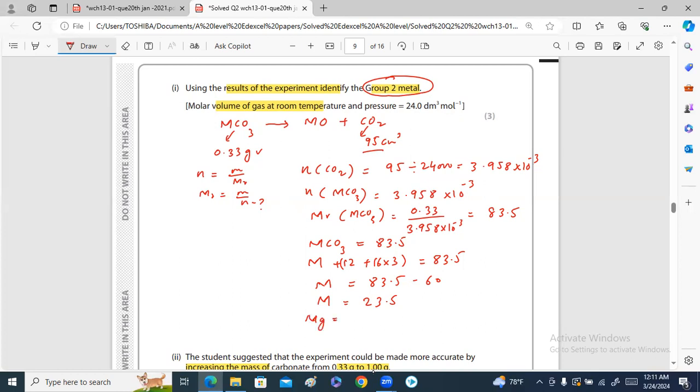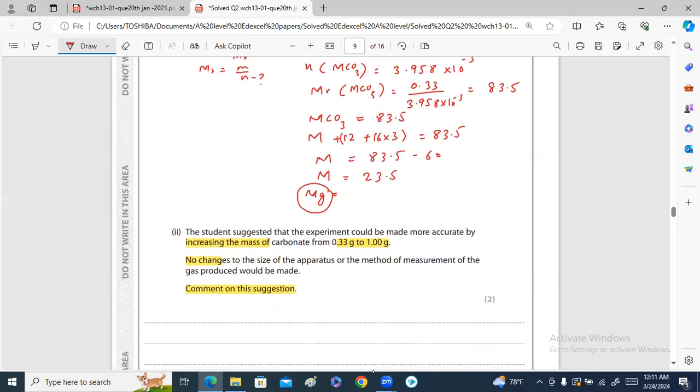So that's why the metal in the metal carbonate is magnesium. Because if you have a group 1 metal carbonate, this formula must be like M2CO3. Now this formula is MCO3. This is in group 2 as already mentioned in the question. So that's why the answer is magnesium instead of sodium.